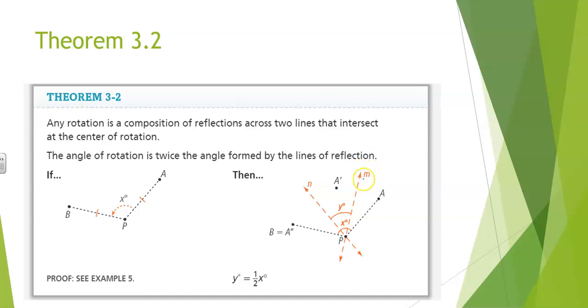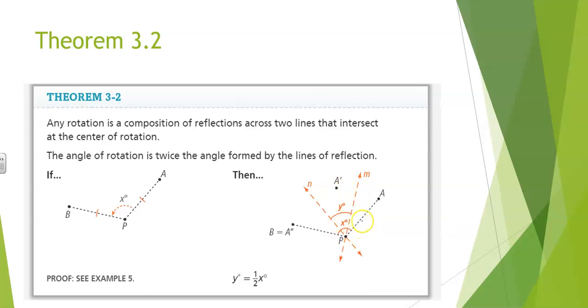If you look at this picture, I have my two lines right here. I'm taking A and reflecting it here, and then it's A prime, and then taking A prime and reflecting it over here. It doesn't matter how far apart these lines are from each other, the angle. They could be closer or farther away.